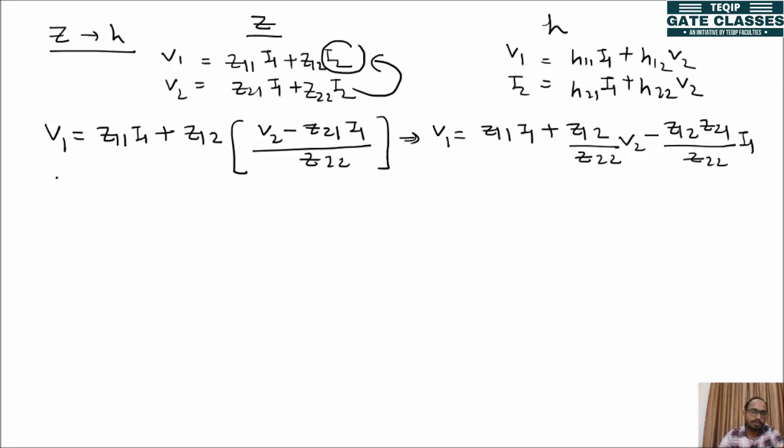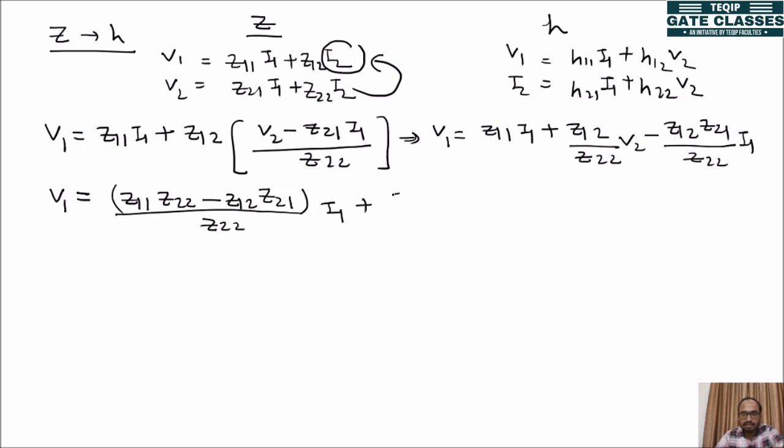Take I1 common from here and you will get V1 is equal to (Z11 Z22 minus Z12 Z21) divided by Z22 I1 plus Z12 divided by Z22 V2.